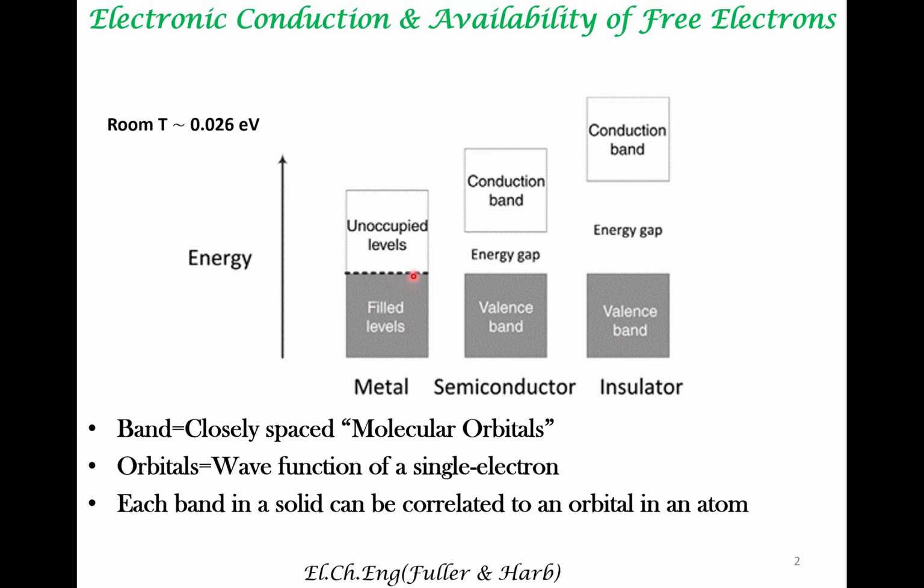And in a metal, this higher energy level is unoccupied. It is readily available for the electron to get excited from a filled level to an unoccupied level.